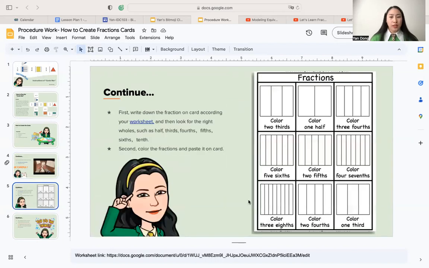And the worksheet is here. So finish the worksheet, color it according to the instruction on the slide. Be careful with half, third, fourth, fifth, sixth, and tenth.